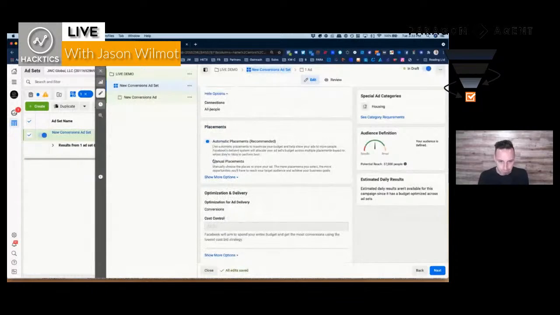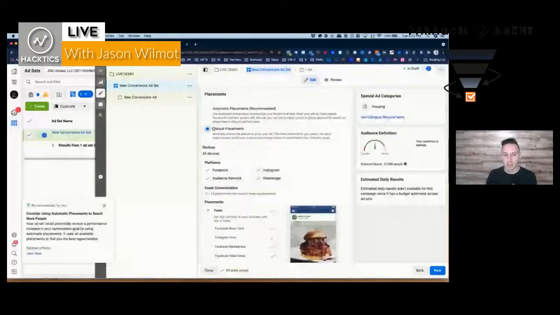So as far as placements are concerned, what we're trying to do with our placements is understand where we want to put these ads. So manual placements, you have all of these options: Instagram, Messenger, Facebook, or you can just leave it on all. Now it's totally up to you. I think the easiest way is just leaving this automatic.